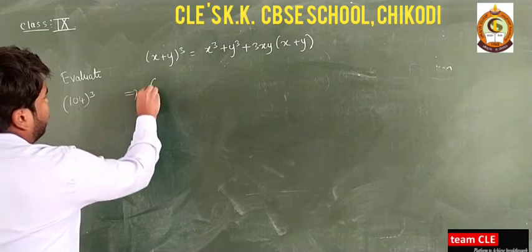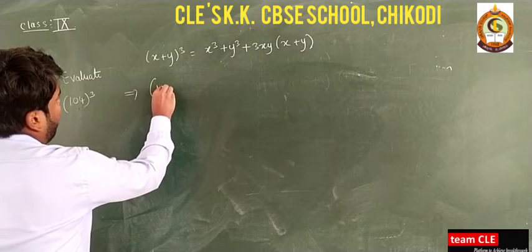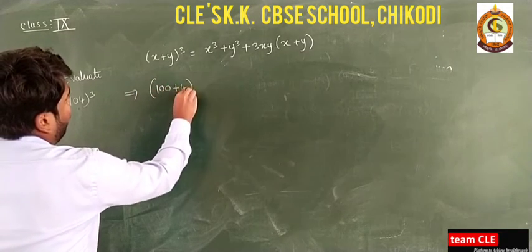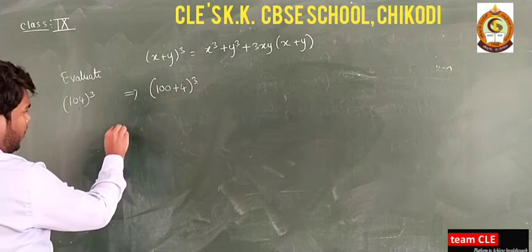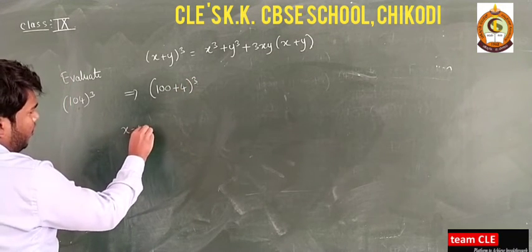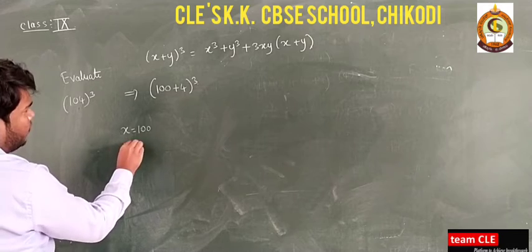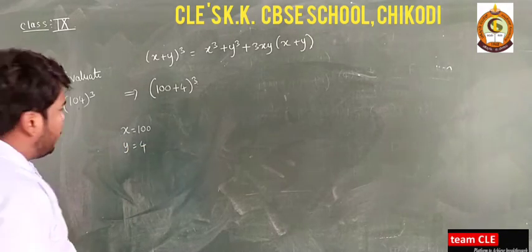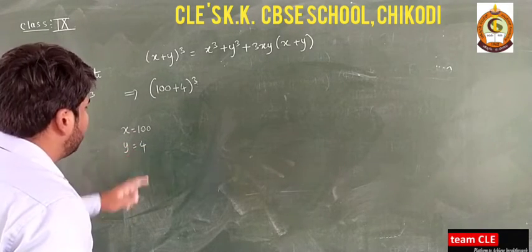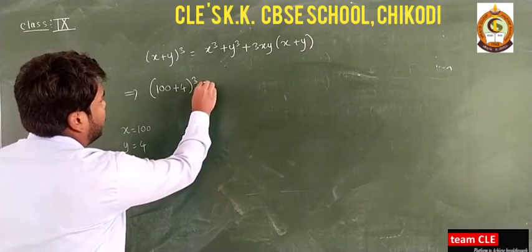Okay dear students, so this is 104, I can write this as 100 plus 4 whole cube. Means you can write x is equals to 100 and y is equals to 4. If x is equals to 100 and y is equals to 4, you have to substitute in this formula.